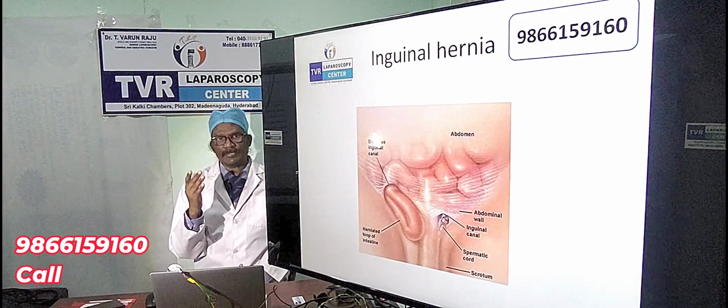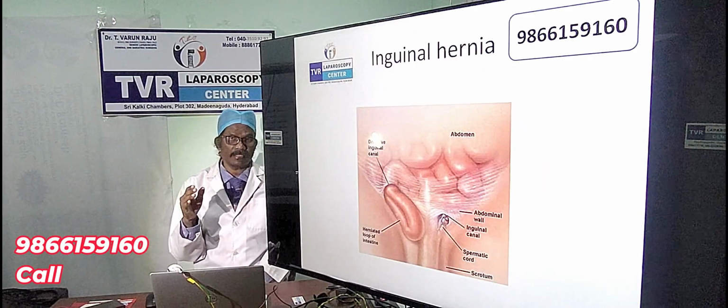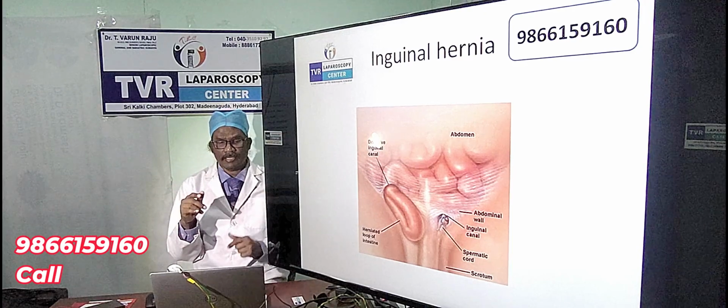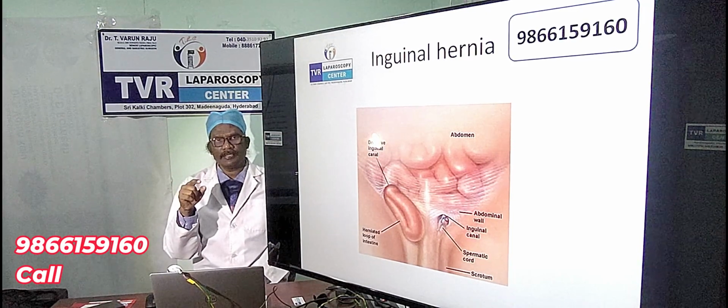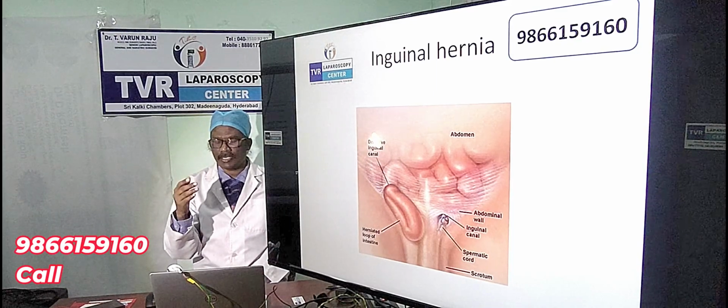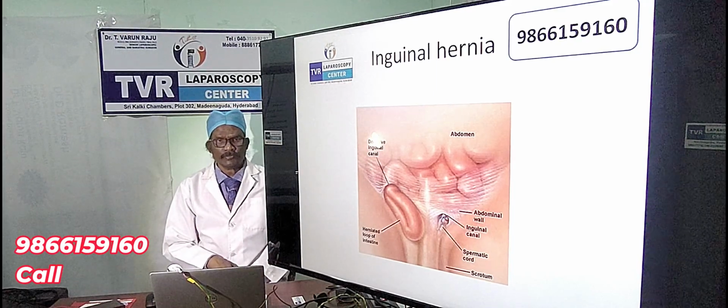So if you see the picture here, you can very clearly understand that this is the inguinal hernia, which is the commonest hernia in adults as well as in children.